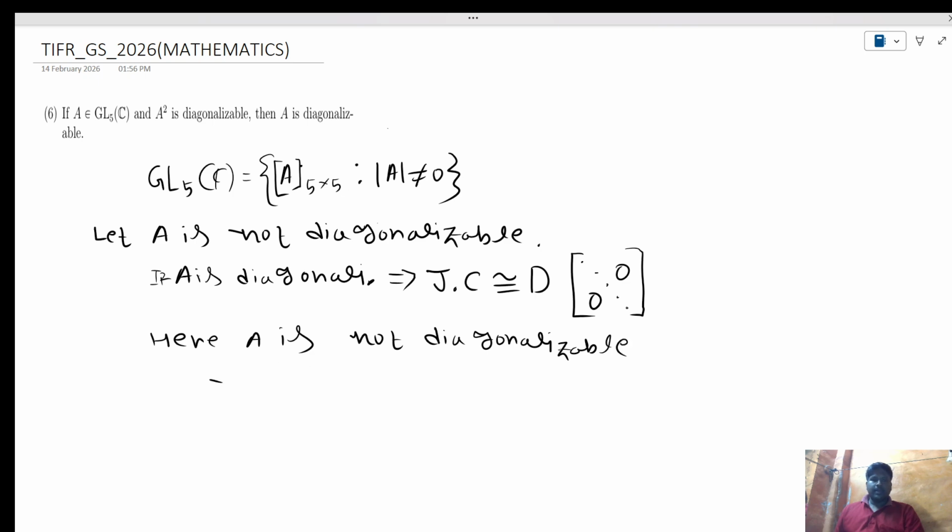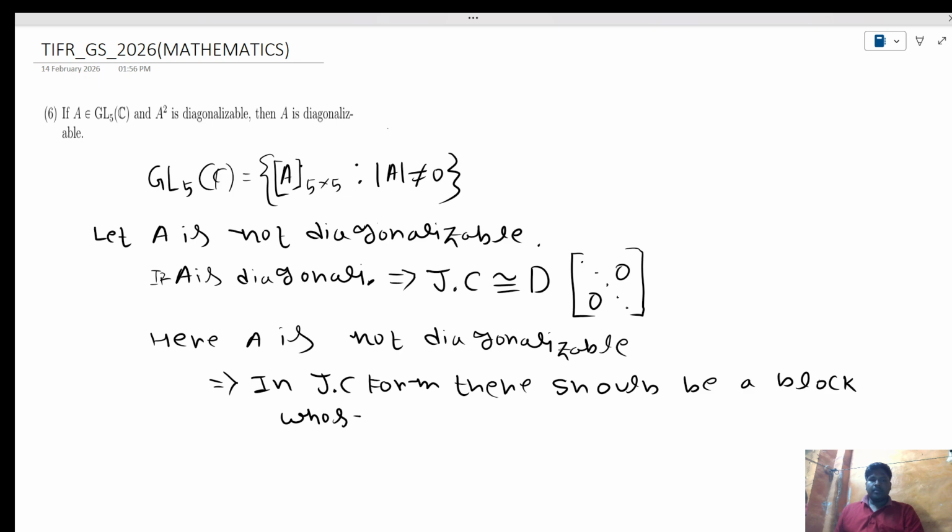Which implies in the JC form, that means Jordan canonical form, there should be a block whose order is greater than or equal to 2.